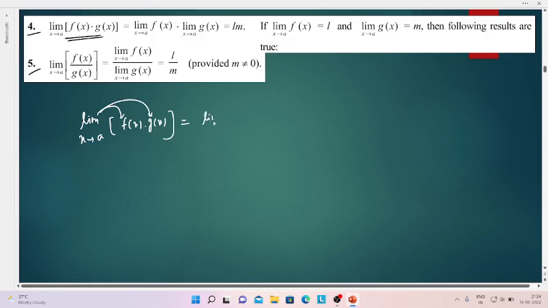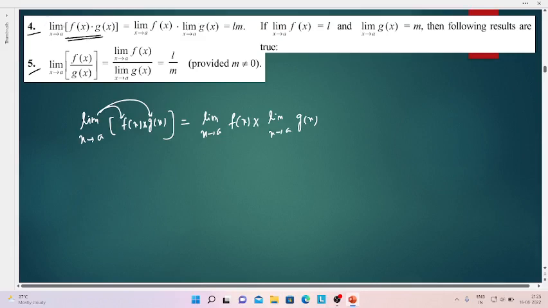You can understand, if the functions are multiplied, the limit can separate these two functions with multiplication.